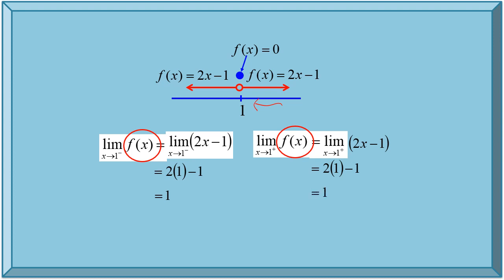So we also have 1. But exactly at a equal to 1, f(1) itself is equal to 0, which is not equal to the limit when approaching 1. So we can see the behavior of the limit compared to the exact value of f at x equal to a.